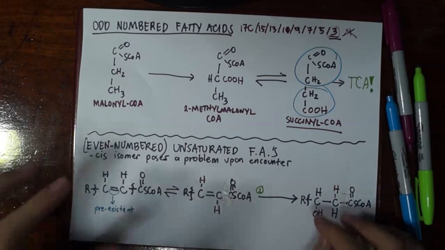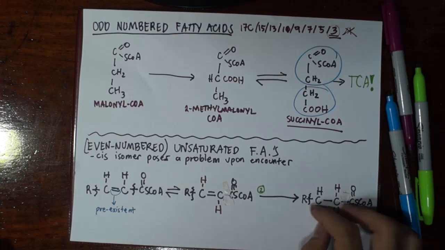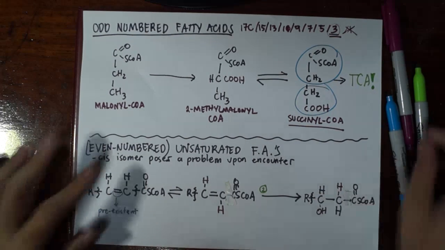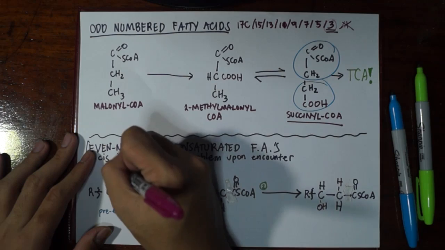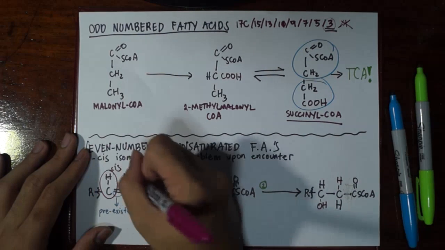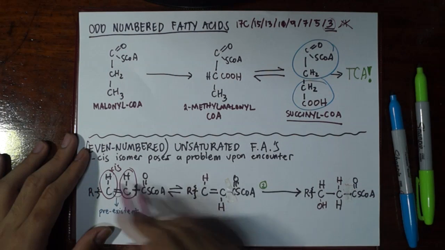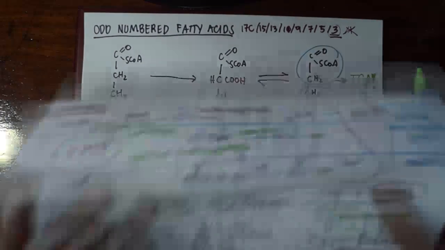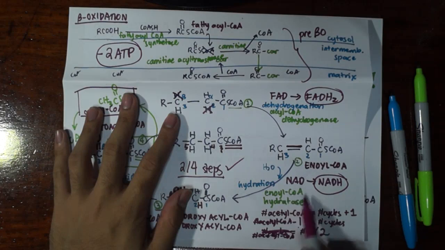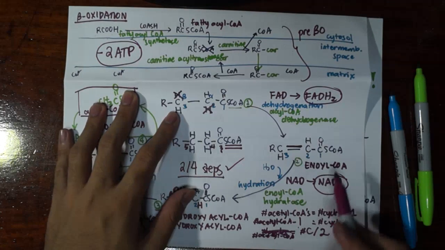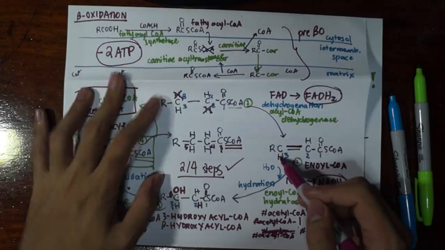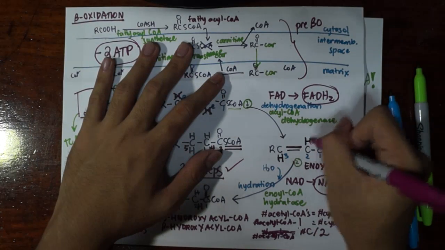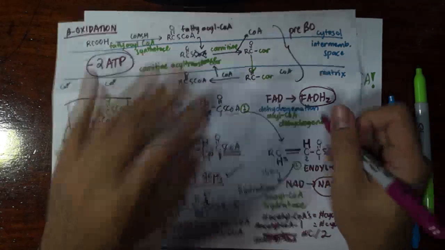Why? Recall that in the natural state, unsaturated fatty acids have their double bonds in the cis configuration. See this? This is of the cis isomerism. And in beta oxidation, the enzyme for the second step will only recognize this one: the hydrogen is located here, and the hydrogen at the other carbon is at the other side.